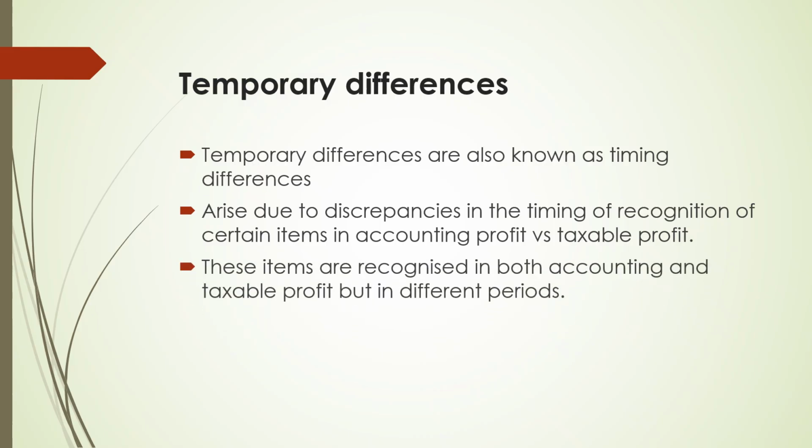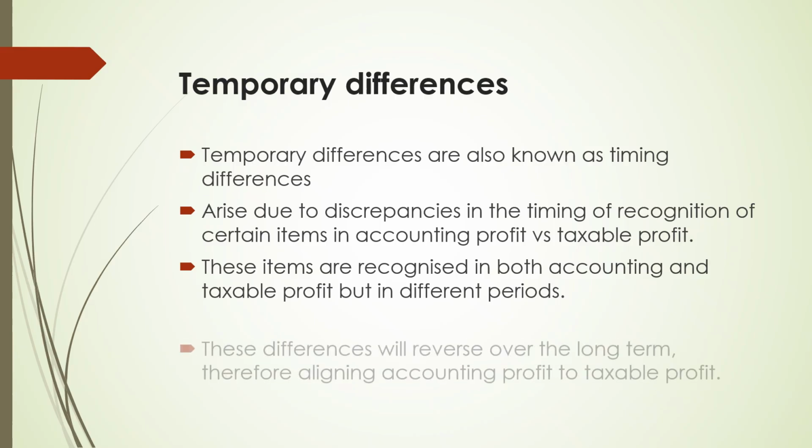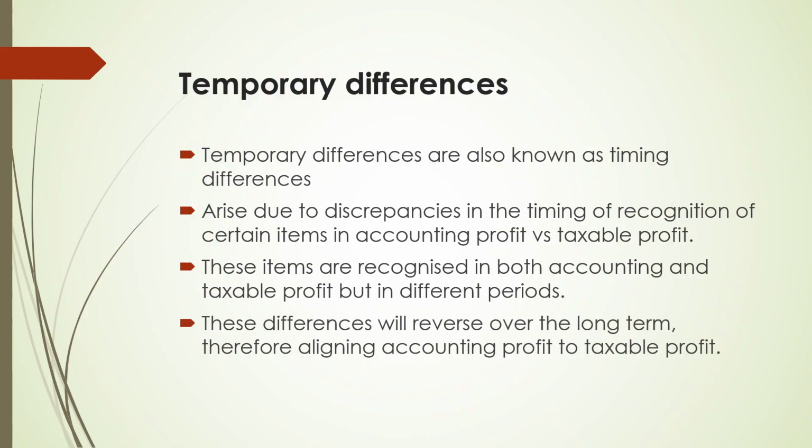These items are recognized in both accounting and taxable profit, but in different periods. These differences will reverse over the long term, therefore aligning accounting profit to taxable profit.